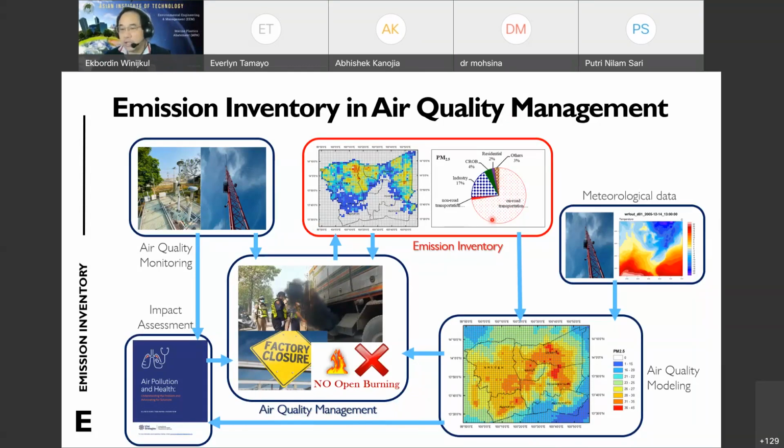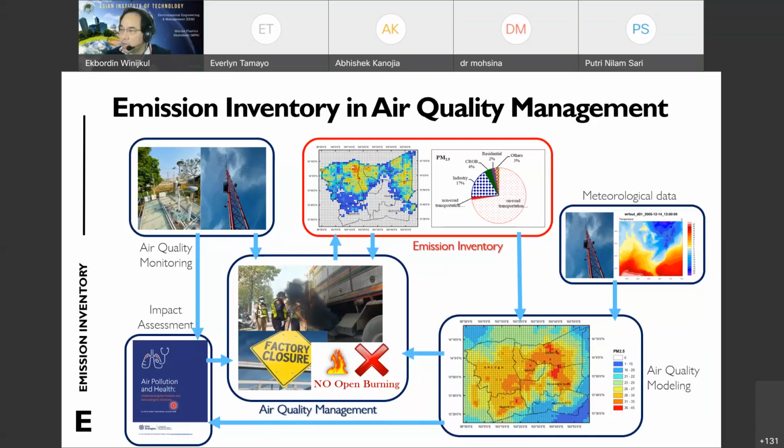As discussed, we can put emission inventory into the air quality modeling. And this air quality modeling requires emission inventory and meteorological data as the required input in order to produce the concentration. After it produces the concentration, it can be linked with the impact, which can be health impact, environmental impact, and so on.